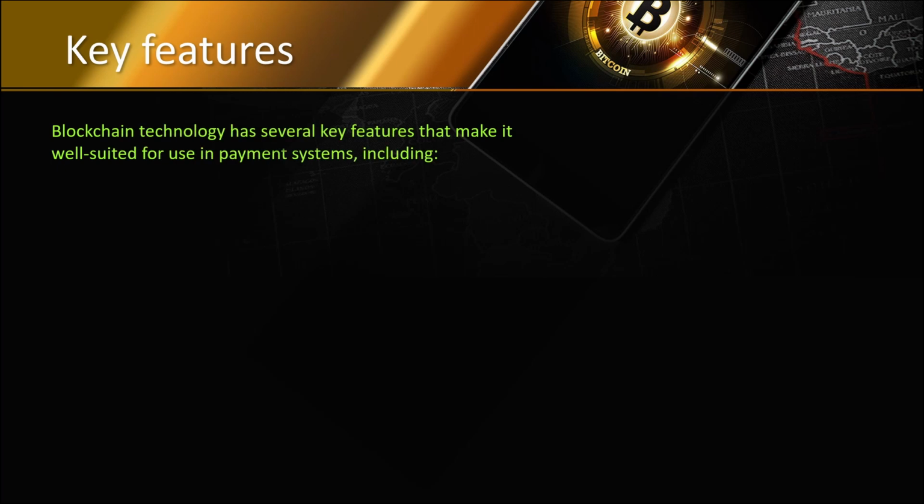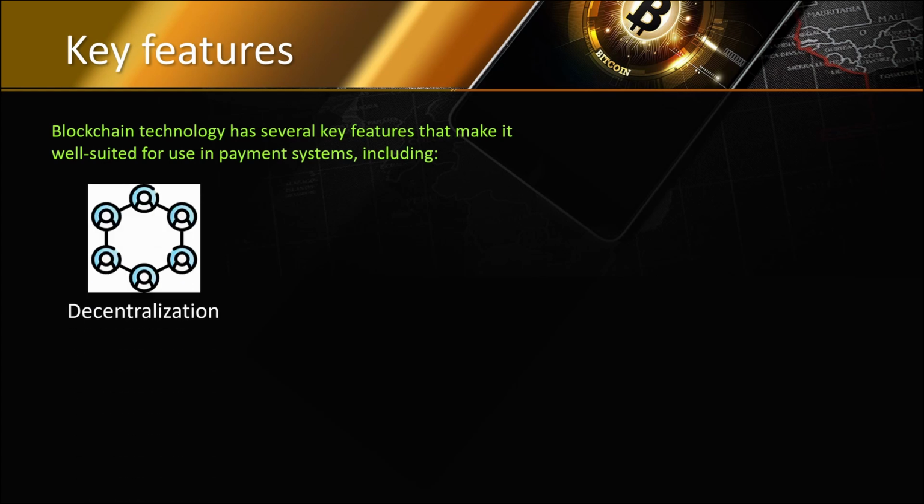Blockchain technology has several key features that make it well suited for use in payment systems, including, first, decentralization. Blockchain technology uses a decentralized network of nodes to validate and record transactions rather than relying on a central authority.